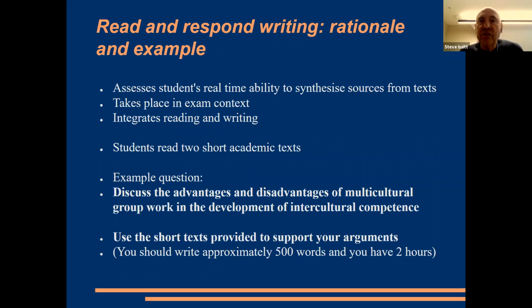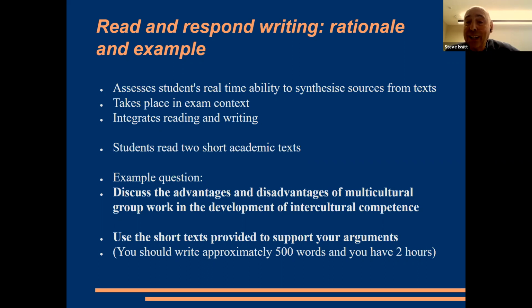Okay, so this assesses a student's real-time ability to synthesize sources from text. It takes place in an exam context. Students read 2 short academic texts. Okay. They then have the example question: discuss the advantages and disadvantages of multicultural group work in the development of intercultural competence.